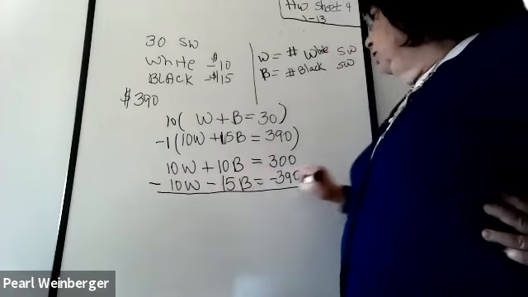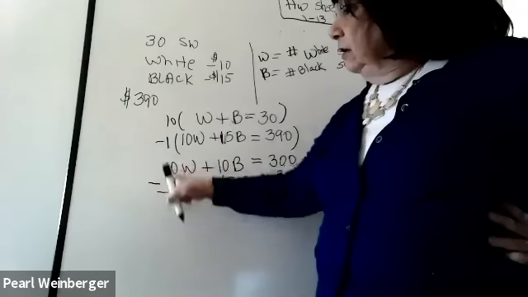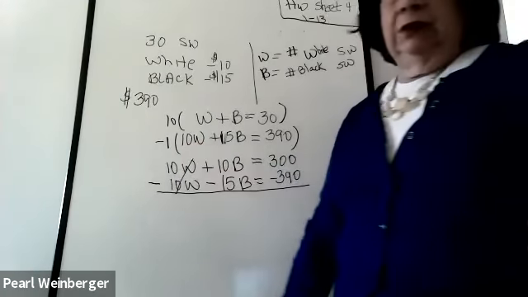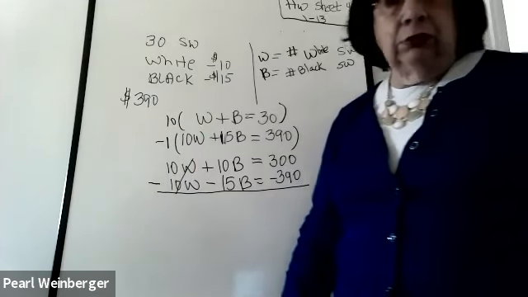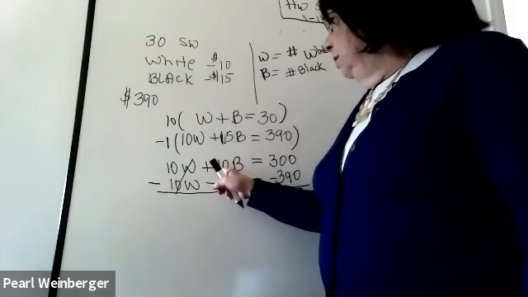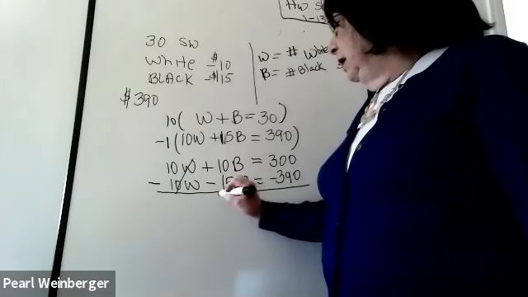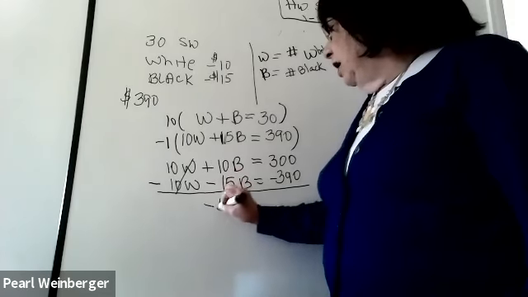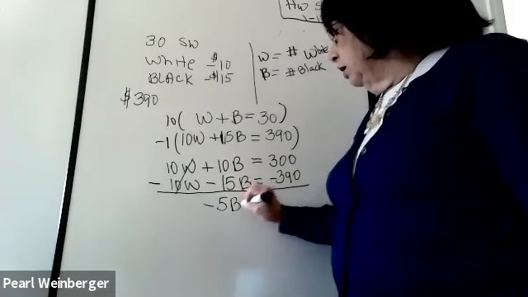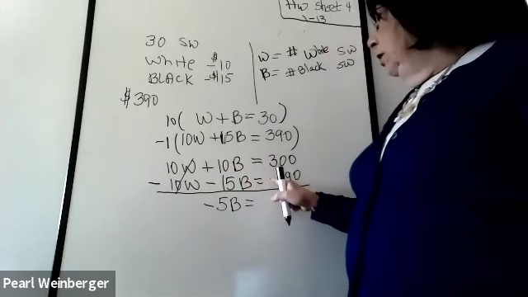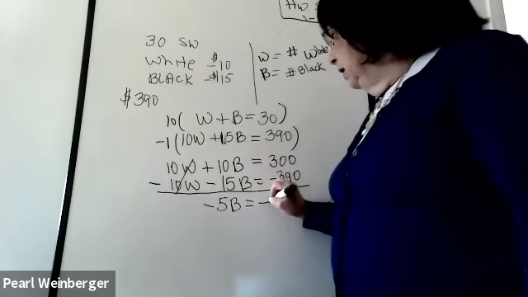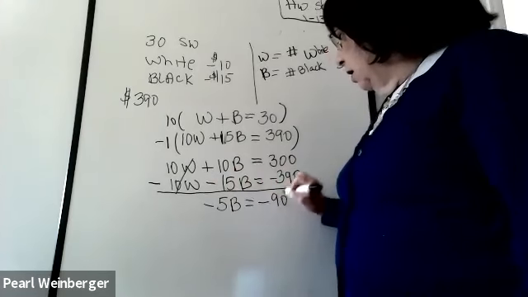And when I add these two equations together, the 10W and the negative 10W cancel out. Well, that's what we were trying to do. The 10B and the negative 15B gives me negative 5B. And 300 plus negative 390 gives me negative 90.